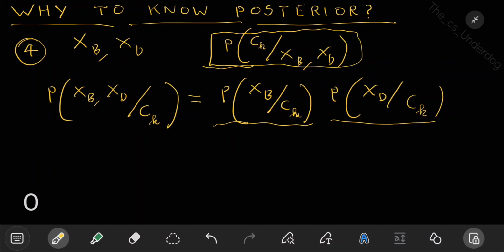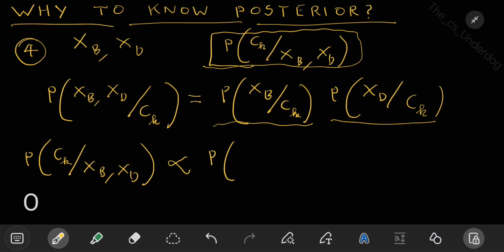In the next step, let us try to find the posterior, that is P of CK given XB, XD. This is the posterior. From Bayes theorem, we know that this is directly proportional to P of XB, XD given CK into P of CK. You agree with this?